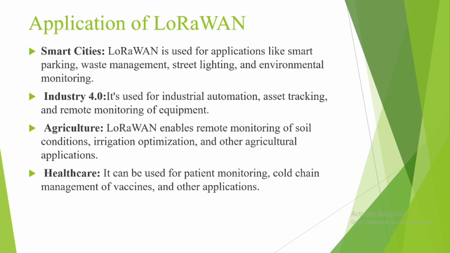Industry 4.0: it is used for industrial automation, asset tracking, and remote monitoring of equipment. Agriculture: LoRaWAN enables remote monitoring of soil conditions, irrigation optimization, and other agricultural applications. Healthcare: it can be used for patient monitoring, supply chain management of medicines, and other applications.